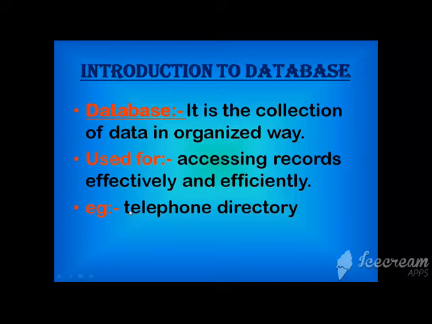A good example of database is the telephone directory. In a telephone directory, first A names and phone numbers are there, then B names, then C names. So suppose you require Radhika's phone number. Firstly you will select the R type, go to R type names, and from there you can select Radhika's phone number. Systematic way, right?